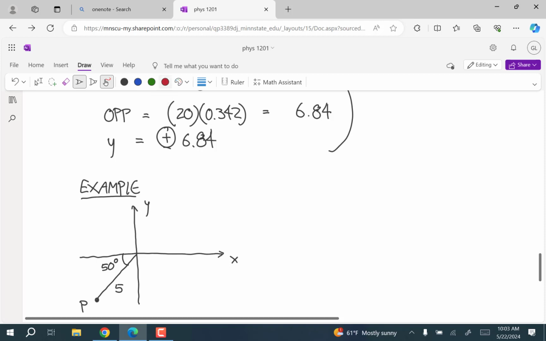Okay, well, this is going to be the length we want in order to calculate the x coordinate, and this is the line we're going to want to calculate the y coordinate. And now use SOHCAHTOA to find the lengths of those two lines. So pause the video and see if you can do that.